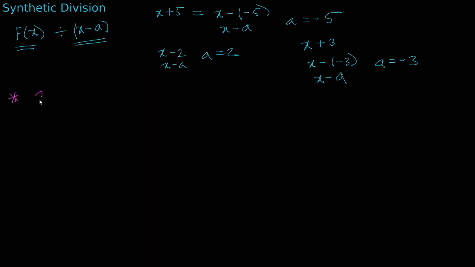I'm going to divide 2x^4 plus 5x minus 3x^2 minus 63, and I'm going to divide this polynomial by x plus 3. So that is my problem statement. I need to find the quotient and remainder. Let's follow each step one by one.